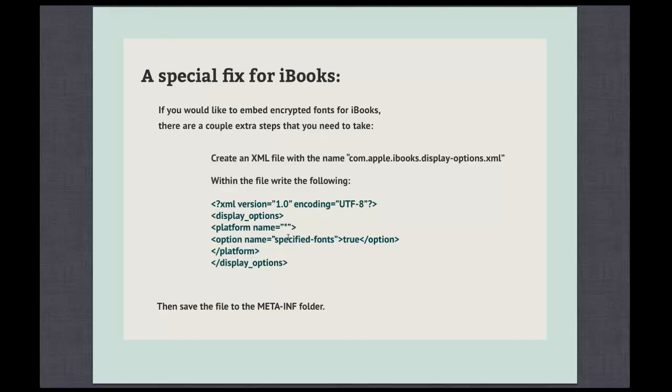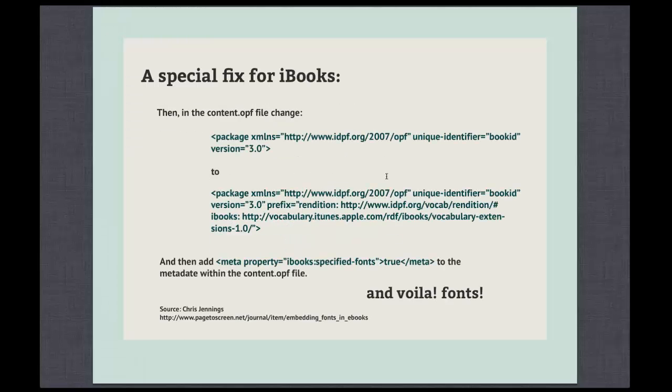So what that does is the asterisk, as many of you are probably aware, is just to dictate that all Apple devices will read this and apply this, and will use the specified fonts. So you'll put this block of text in that XML file and then save it to the META-INF folder. And then you're going to change the content.opf file.